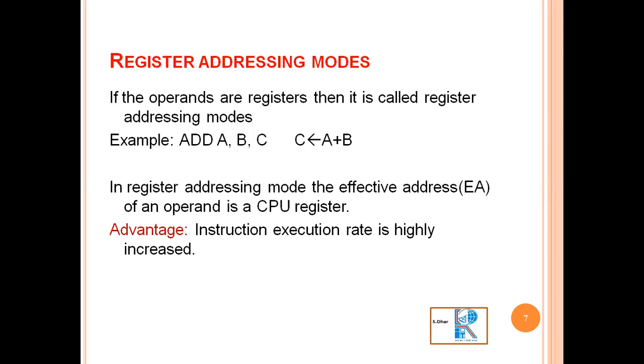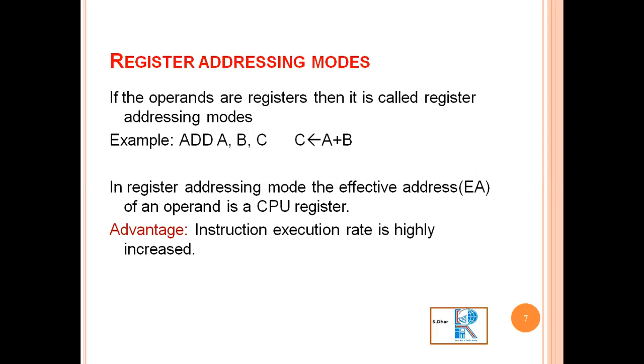That means if the processor can store all the data in the register instead of the memory, obviously the speed of the program will increase, because I have already told you the main memory is a slow device compared to the CPU, and the speed of the register is almost equal to the speed of the CPU. So if the processor can store the data in the register, obviously time will be less.